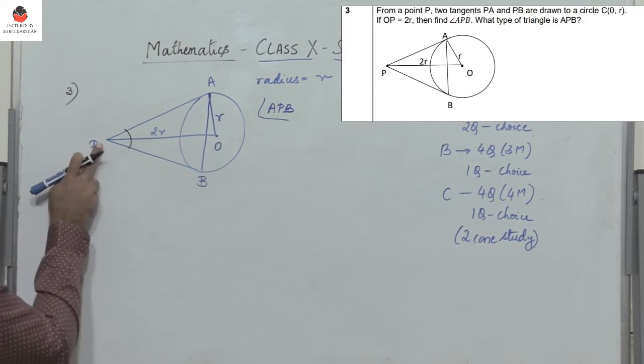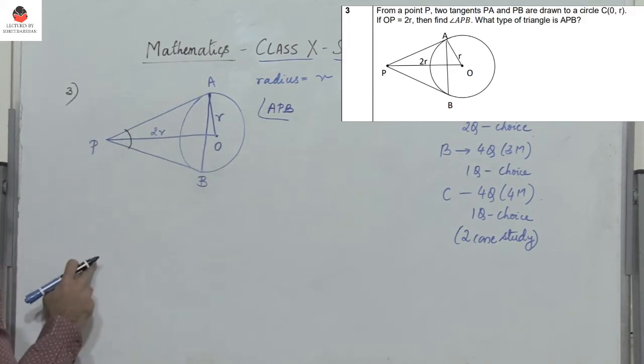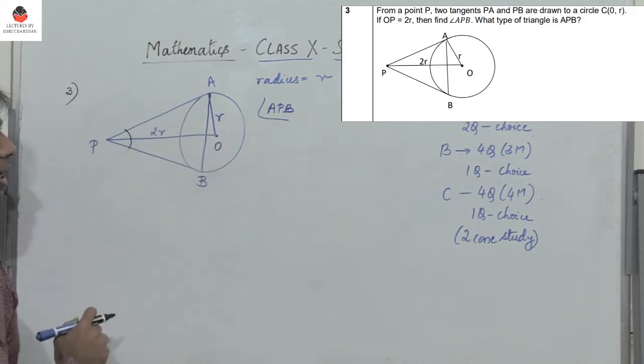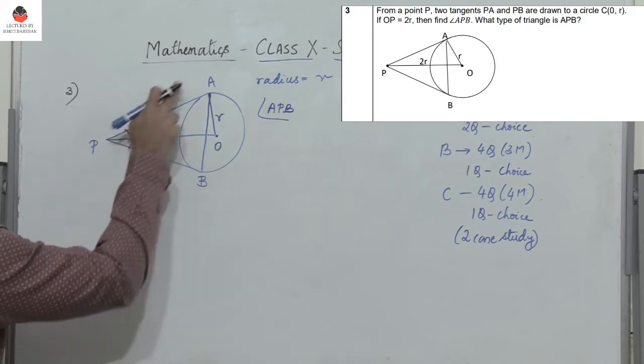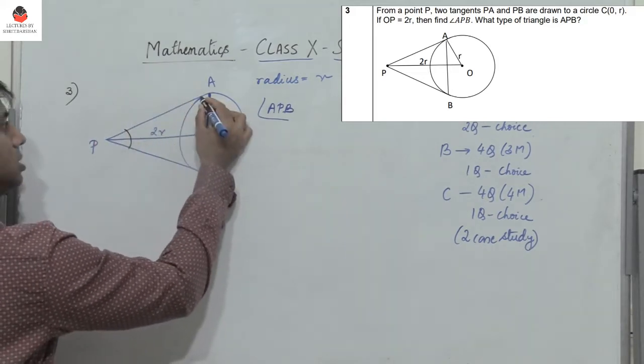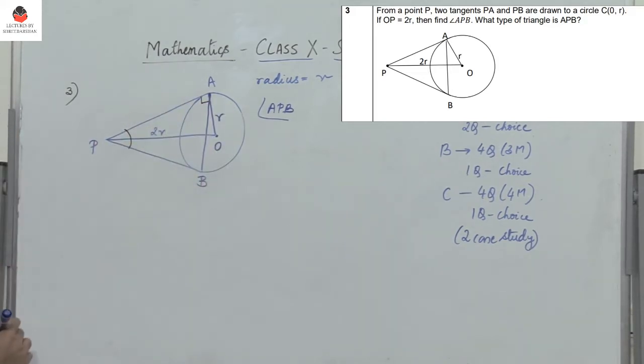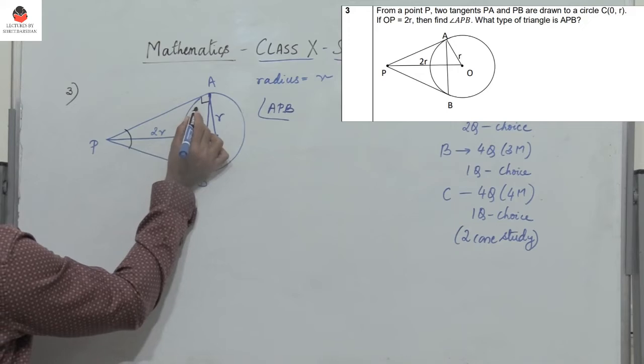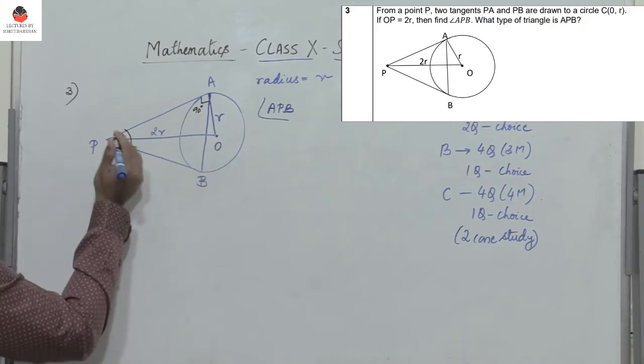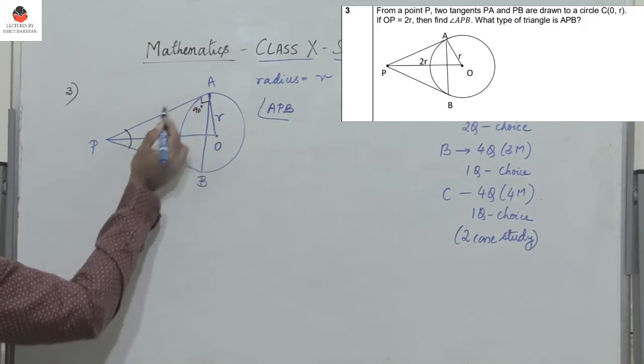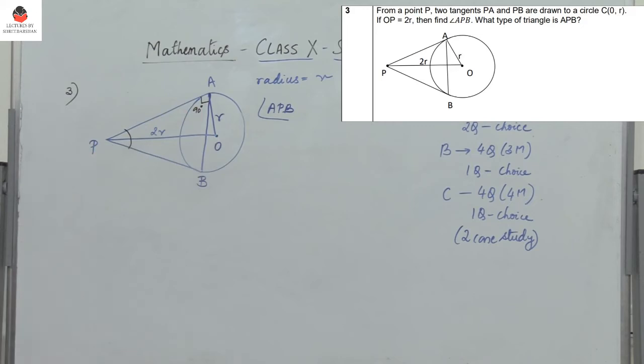So we know that PA is a tangent and OA is the radius. So we know that the tangent and the radius are always perpendicular to each other. So this angle is 90 degrees. Let this angle, that is angle APO, be equal to theta.